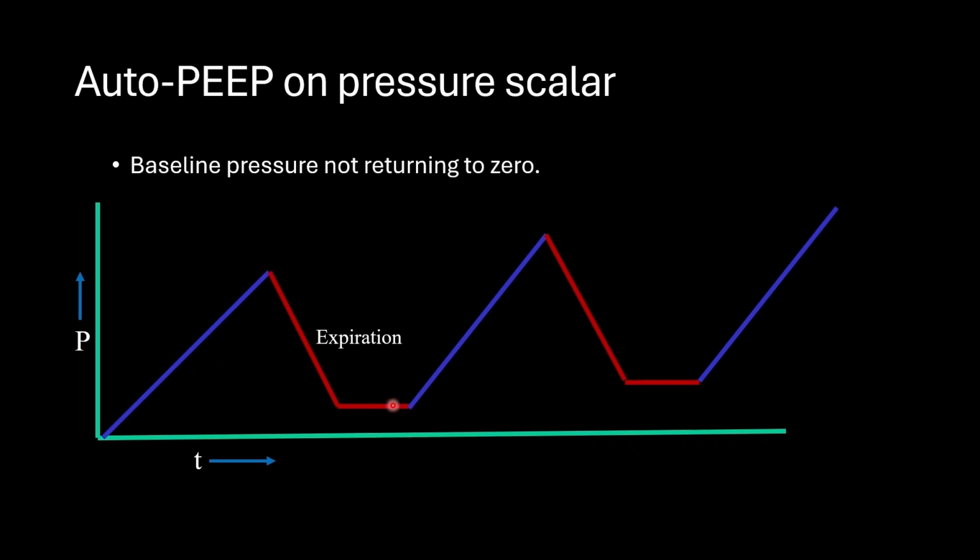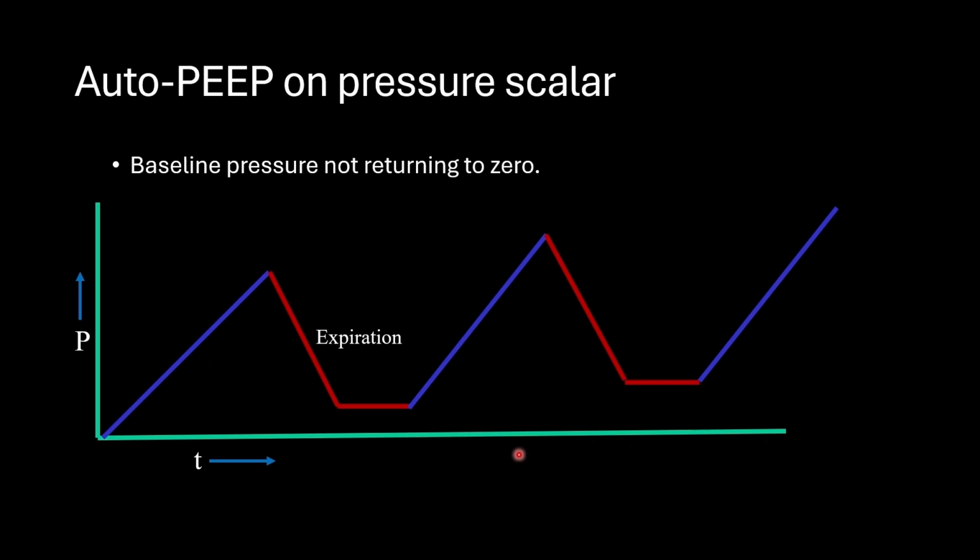Okay, so it's not reaching the baseline and it is increasing also, then it means that there is some auto-PEEP development. But this has to be done when the patient is on no external PEEP or zero PEEP. So for this you have to turn the PEEP button off, make it zero. If you see elevated baseline pressure, then there is some intrinsic PEEP.